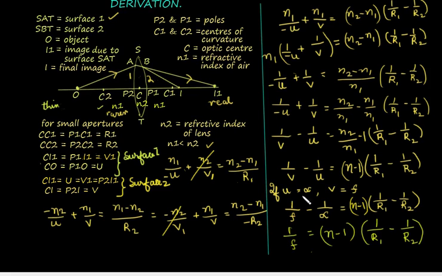Now, if the object is at infinity, what happens? The image will be at the focal point. V becomes equal to focal length. F is equal to focal length here.